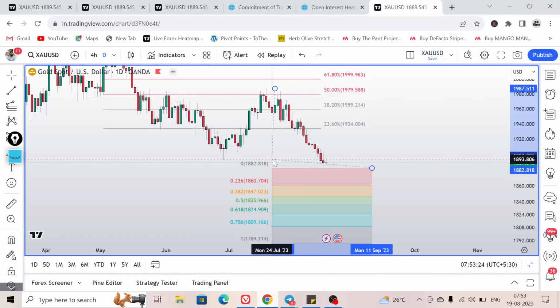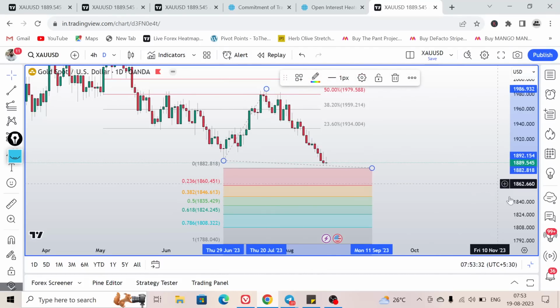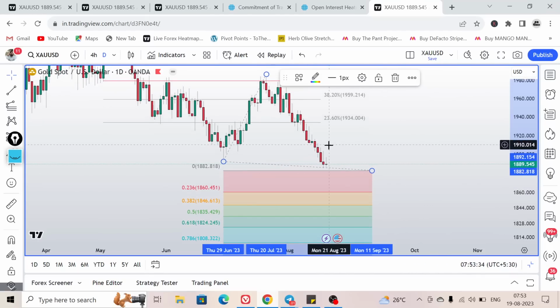As you can see, the previous low was around this level and the high was around this level, so further decline is still possible.